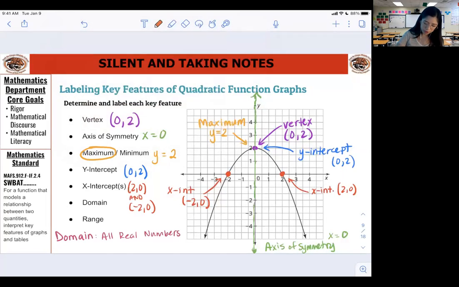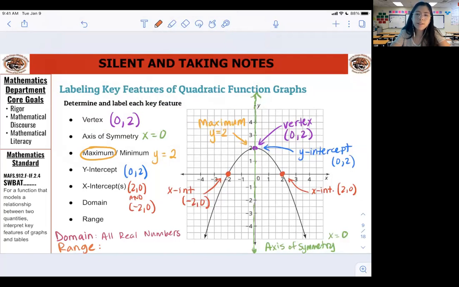Then the range is the y values. So think about it now. How high up does the graph go? Okay, David, I just need to finish this one problem. How high up does my graph go? It's a hill.